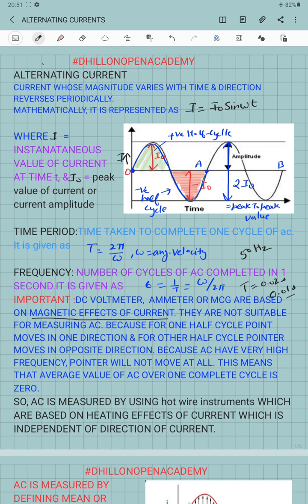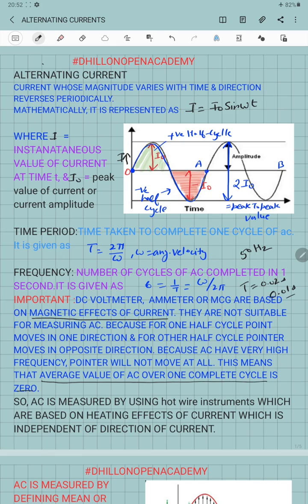So it will stand still and not move at all in any direction. So AC is not measurable with a DC voltmeter, ammeter or galvanometer. From here we can conclude an important point, that the average value of AC over one complete cycle is 0.